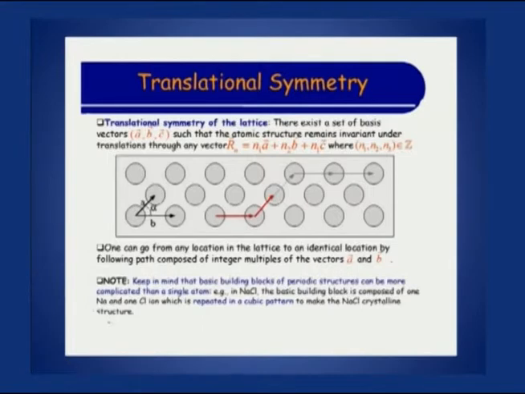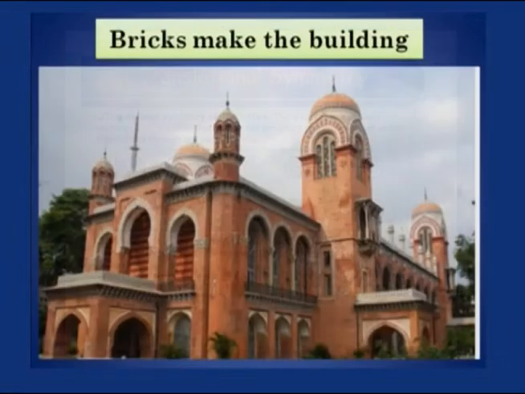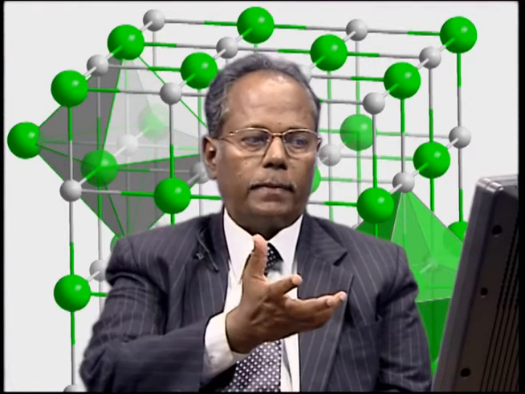And you can look at the bricks of any building. After all, a crystal is made up of fundamental building blocks. In a crystal, what is a fundamental building block? It is a unit cell. What is a fundamental building block in a building like this?